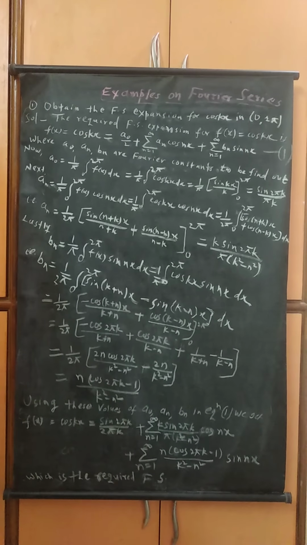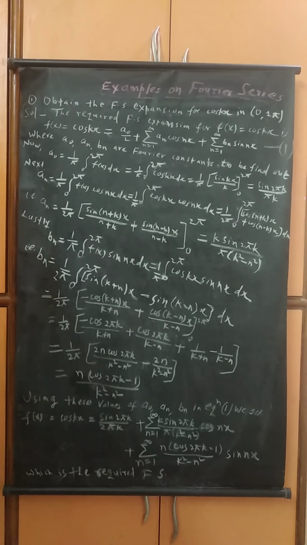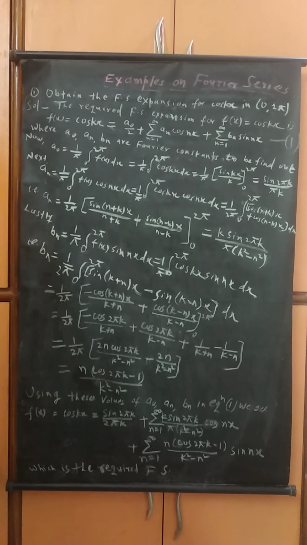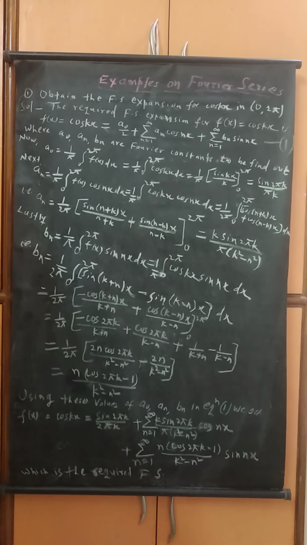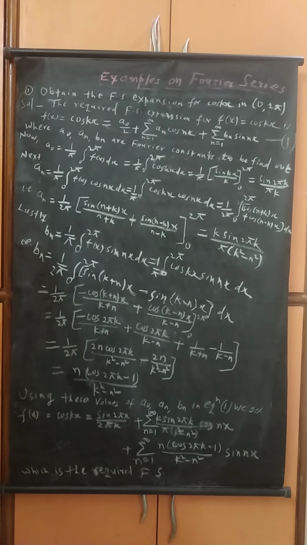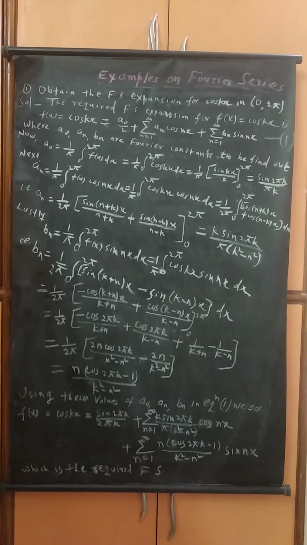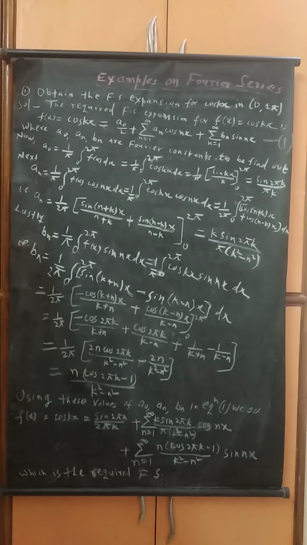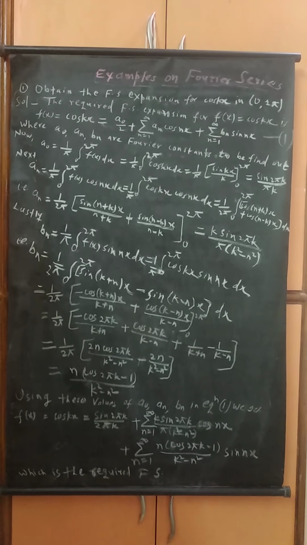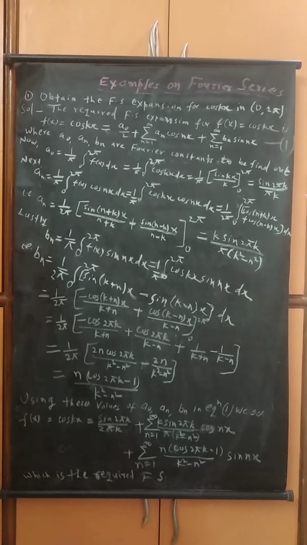Now, as we have seen, the value of a0 in the interval 0 to 2 pi is a0 equal to 1 upon pi integral 0 to 2 pi f(x) dx. So f(x) is our cos kx.